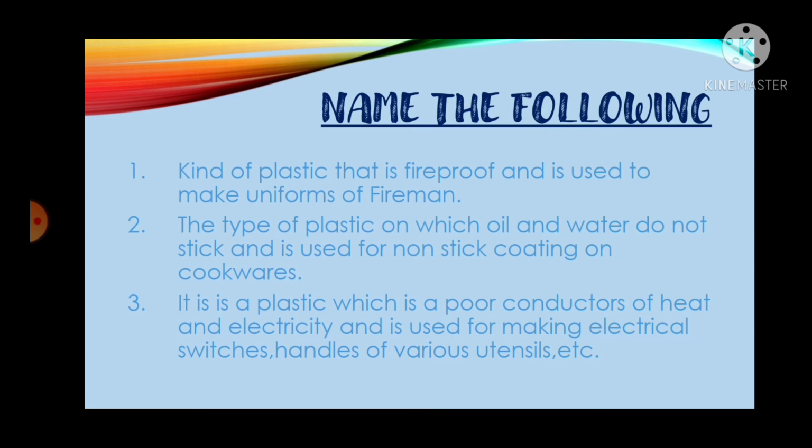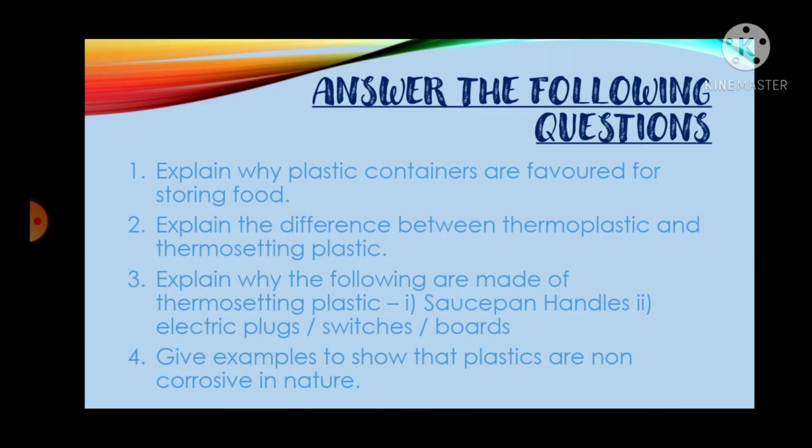Now let's go towards the next topic, that is, answer the following questions. First is, explain why plastic containers are favored for storing food. See, plastic containers are favored for storing food because plastics are non-reactive. They do not react with most of the chemicals, water and air.